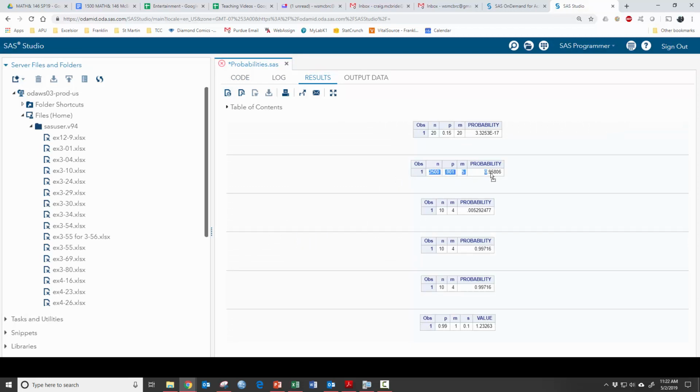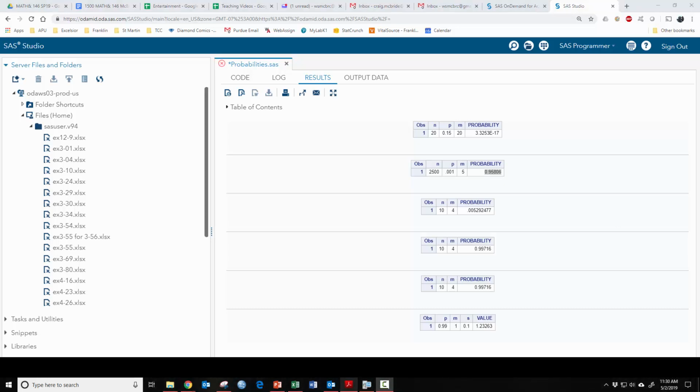And this is the probability here of 0 through 5, and then we want 1 minus that. So we would subtract that from 1, and we would get 0.0419, if we wanted to round. Okay, so that's how we would get it out of SAS.